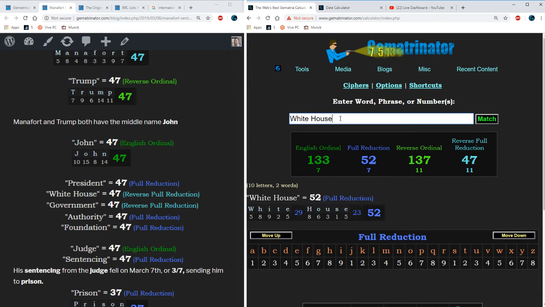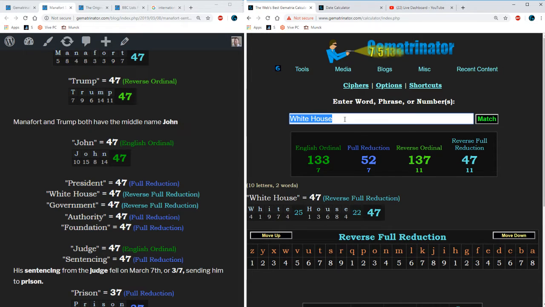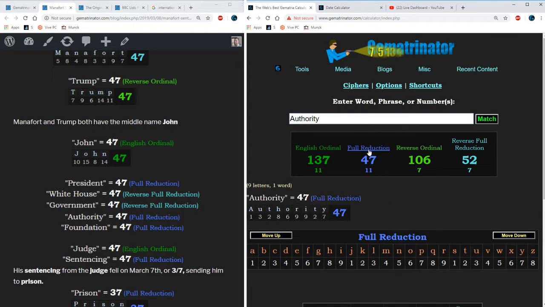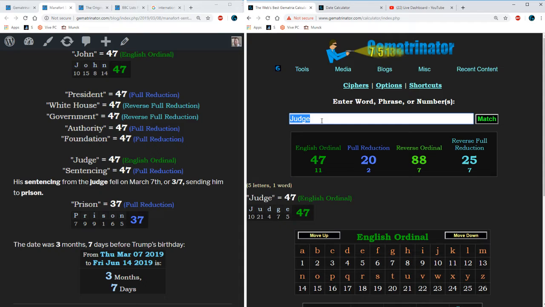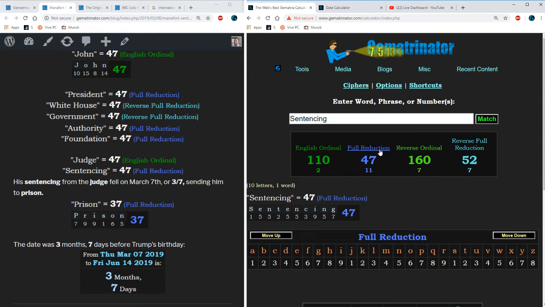White House, where the president resides, equals 47 in reverse. The word government, 47. They are acting as the authority over our lives, which equals 47. And in this story, the judge, which equals 47, the judge swings a gavel, summing to 47 ordinal. In this sentencing, he was given 47 months.